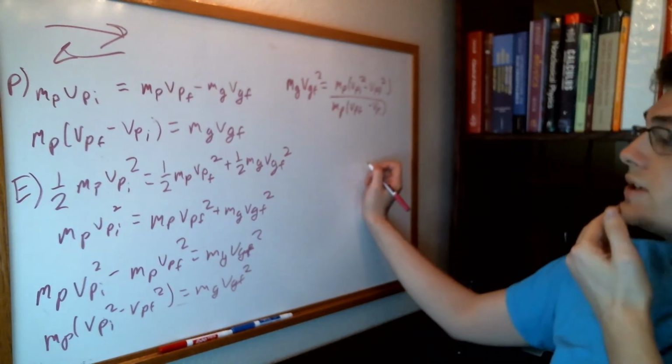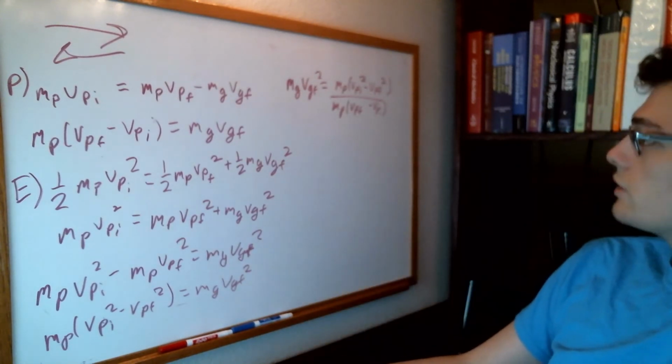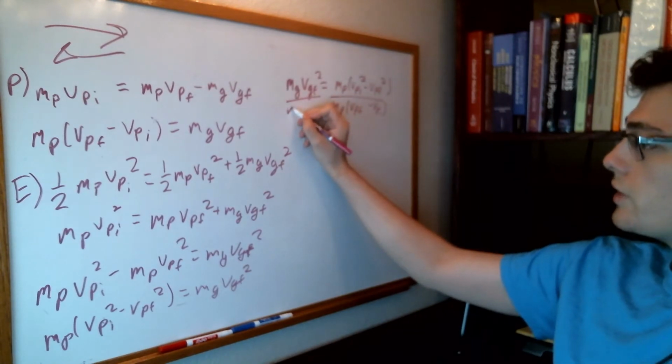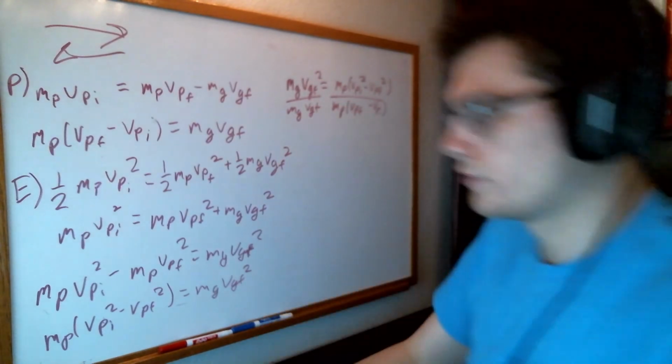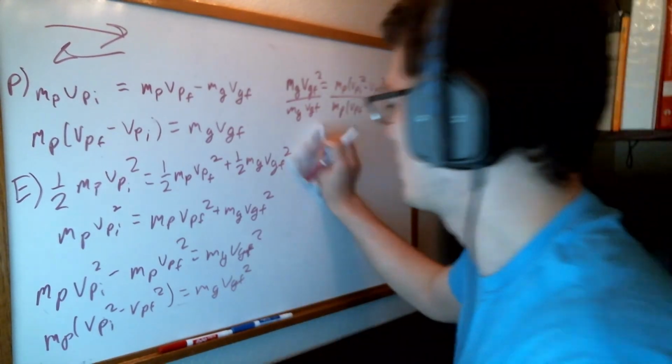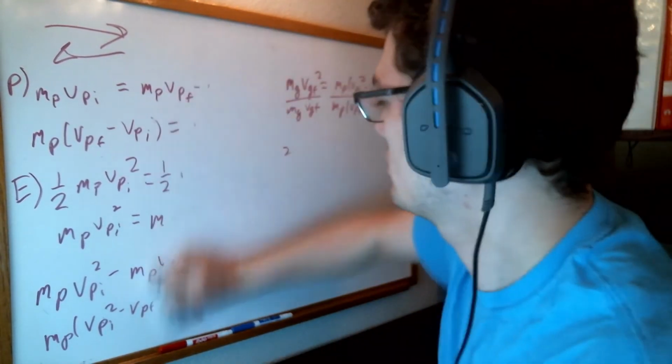And this side also gets divided by MG VGF. I'm going to rewrite this over here once we do the calculation.